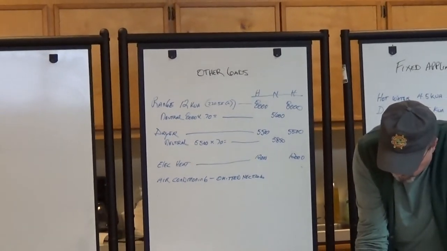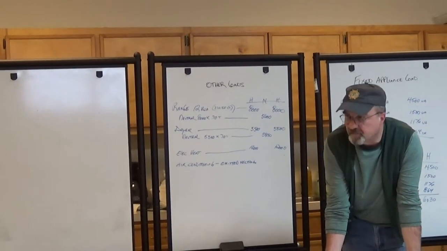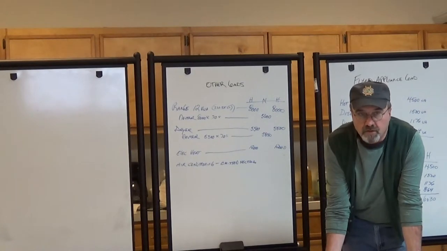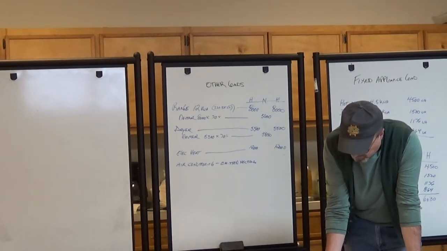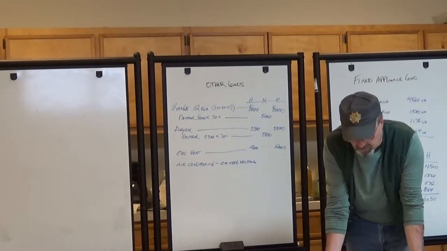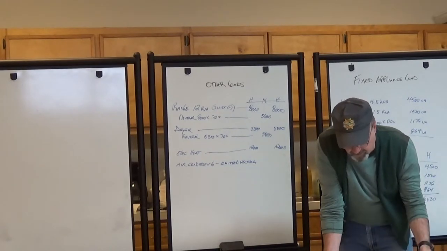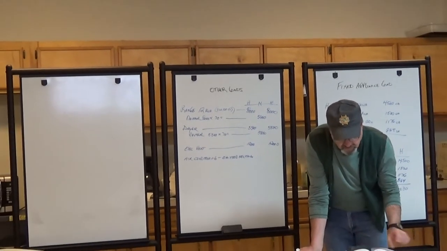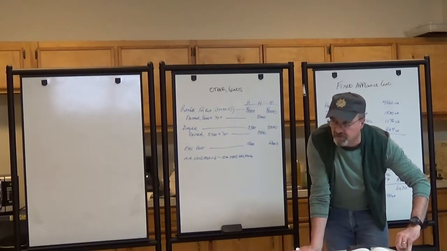The last thing we gotta do is consider the largest motor. So let's take a look at Article 430.24. Again, we have to go back to the motor section of the code.